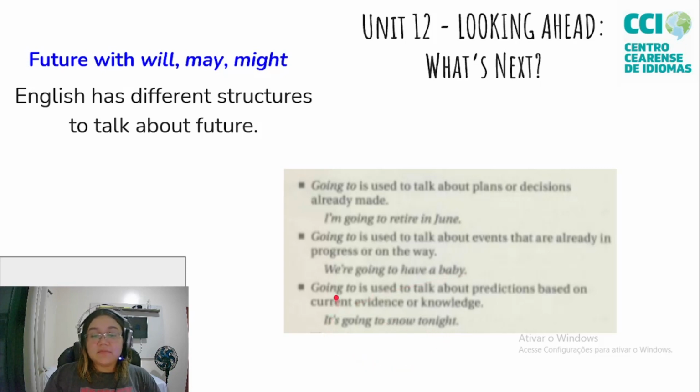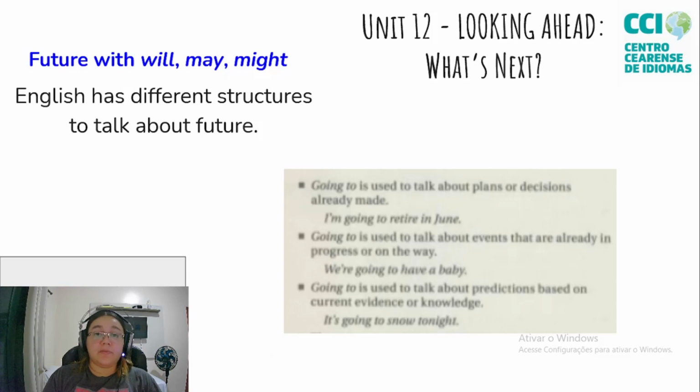And finally, going to is used to talk about predictions based on current evidence or knowledge. So it's going to snow tonight. If you look out the window and you see that the weather is cold, you can make this prediction. Yeah, it's going to snow tonight. It's going to rain tonight, right? These are predictions that are being made based on things that you know.